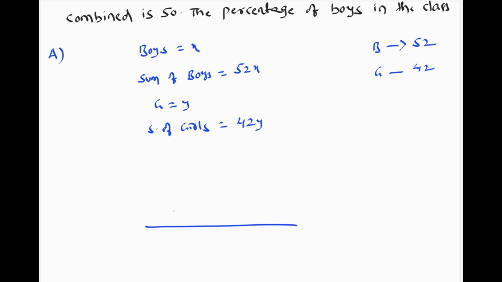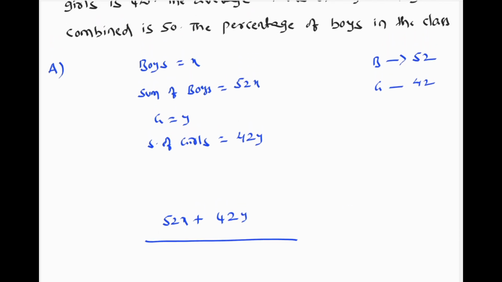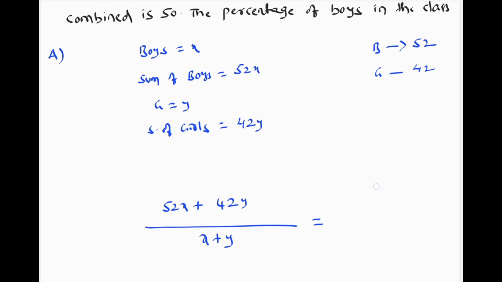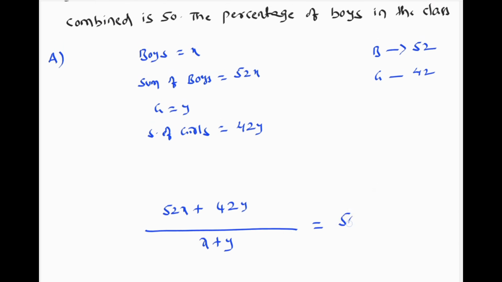We have to find the sum of the observations: the sum of the marks of boys, 52x, and the sum of the marks of girls, 42y, whole by the number of boys and girls, is equal to 50.